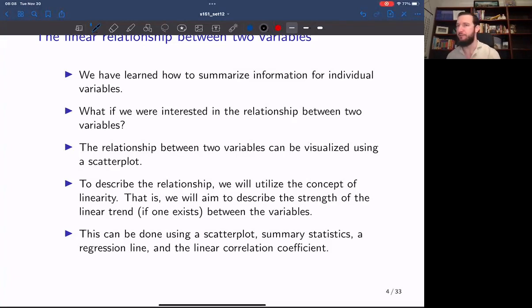And this is the same idea here. So we're going to take the scatter plot between the two variables. We're going to assess it to see if it looks like there's a strong linear relationship. And then if there is, we're actually going to fit a model to describe that relationship, which again is the objective of this unit.